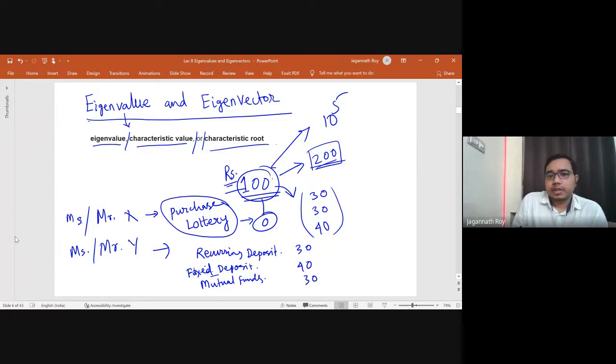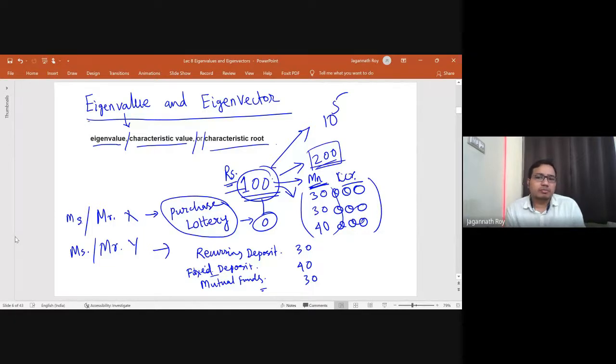Remember, I am telling about only 100 rupees, which is a very small amount. What happens if this is 100 million or 100 crore? Try to juxtapose the situation with big numbers. If I put more zeros here, it will not be very friendly to understand. So that is why we are taking small numbers, and we can juxtapose the situation for large numbers.